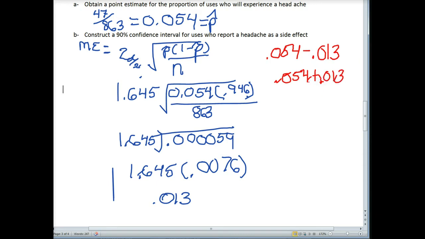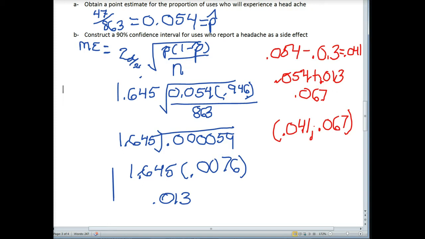So 0.054 minus 0.013 gives me a lower limit of 0.041. 0.054 plus 0.013 gives me an upper limit of 0.067. So my confidence interval would be 0.041 for the lower limit, comma, 0.067.